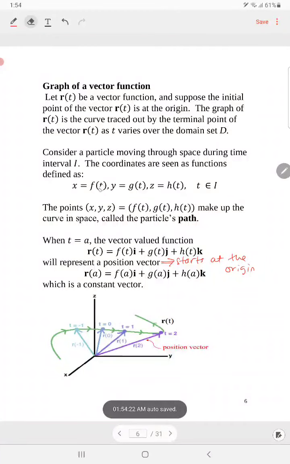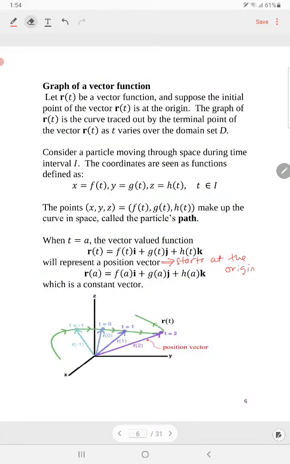When you replace t with 1, you have another point x, y, z when t is 1. All the points x, y, z for different values of t make up a curve in space, and that curve is called the particle's path. That's how the particle moves along the curve at different values of t.